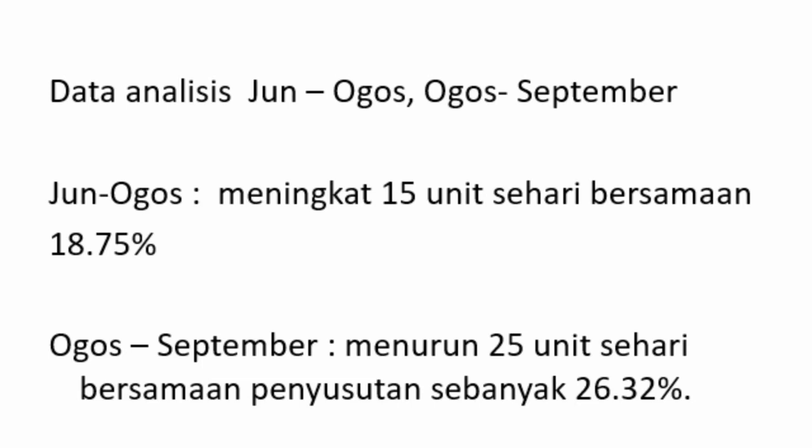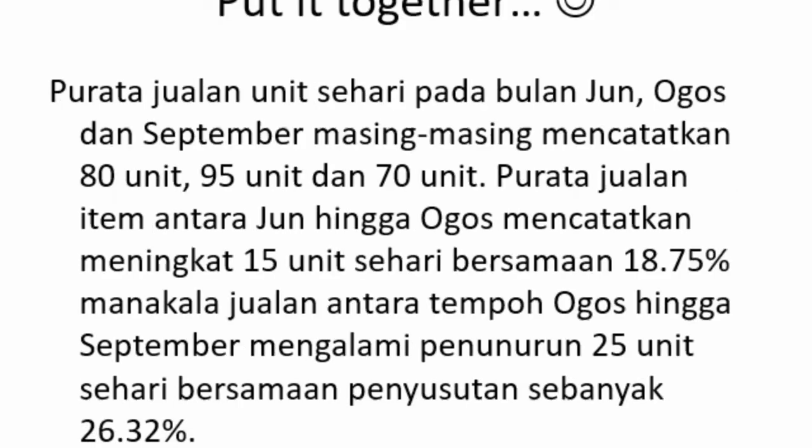Use the same formula as well, okay? Ogos dan September pula dia menurun 25 unit sehari bersamaan dengan penyusutan sebanyak 26.32%. So we put it all together. Purata jualan unit sehari pada bulan Jun, Ogos dan September masing-masing mencatatkan 80 unit, 95 unit dan 70 unit. This is your data asas.